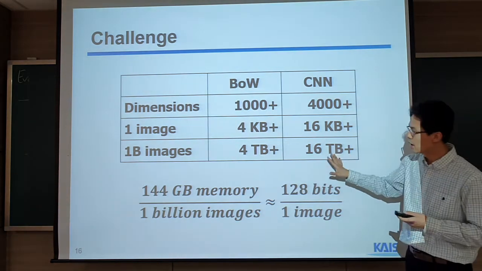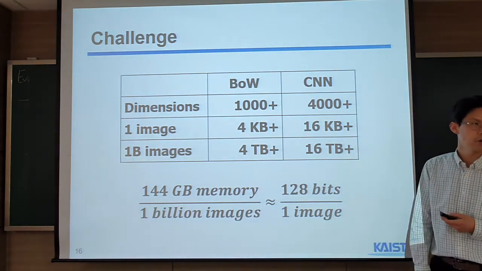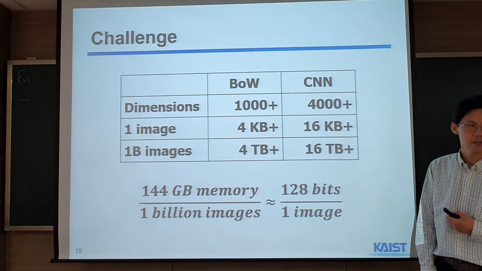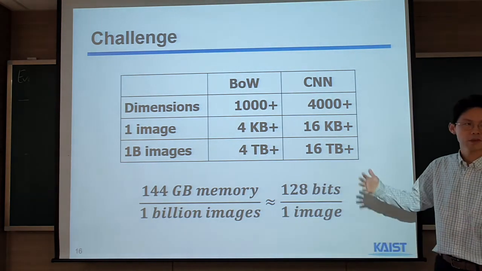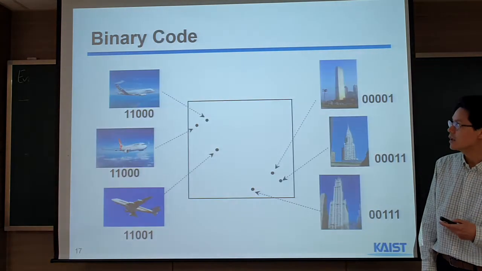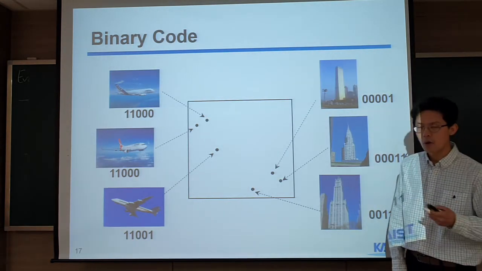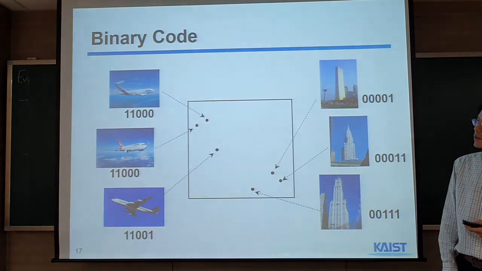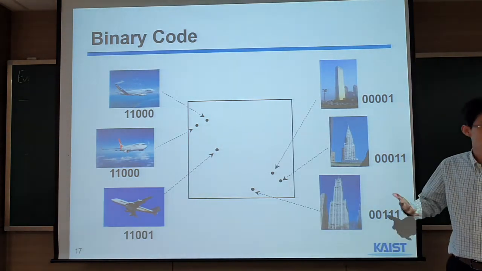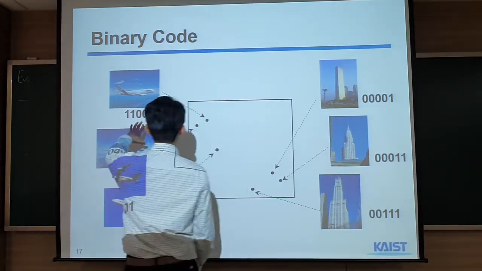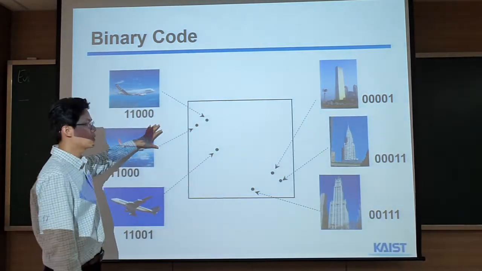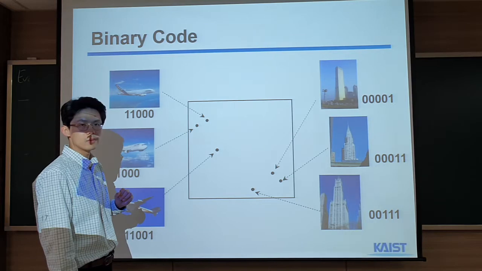So this is actually one of the big challenges for efficient image search at web scale. One can think that if we can somehow encode this image descriptor with a binary code, then it will be very useful in terms of compressing the memory requirement, right?